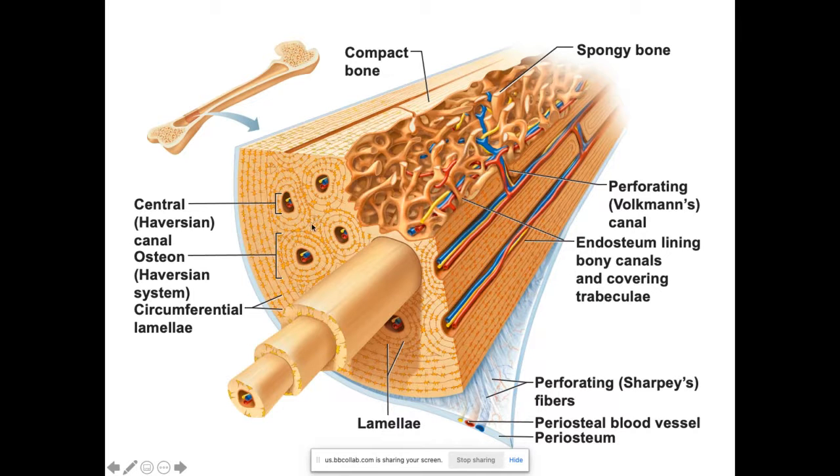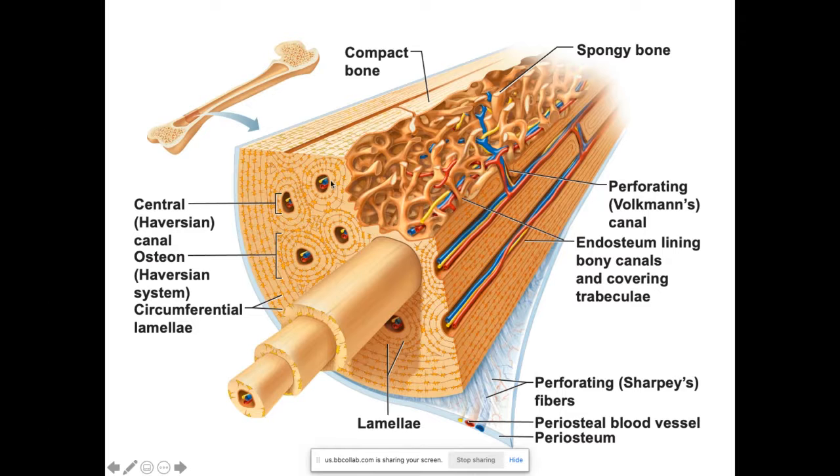And what's left in between, between this osteon and this osteon, is where we see the interstitial lamellae. What are interstitial lamellae? They're really just remnants of older osteons that didn't make a full concentric ring because the osteoclasts were breaking them down. Osteoclasts break down bone, osteoblasts build up bone.